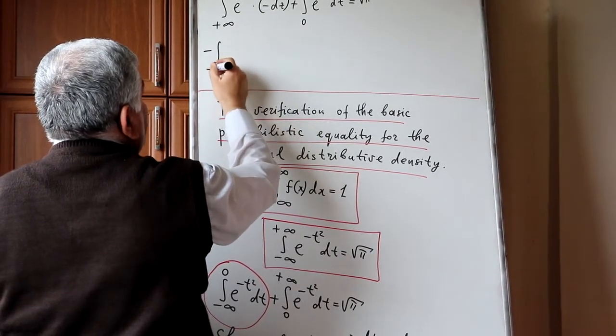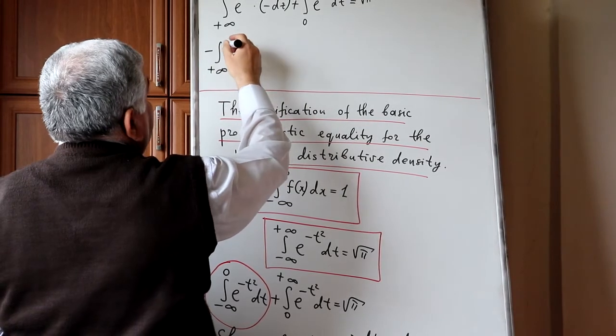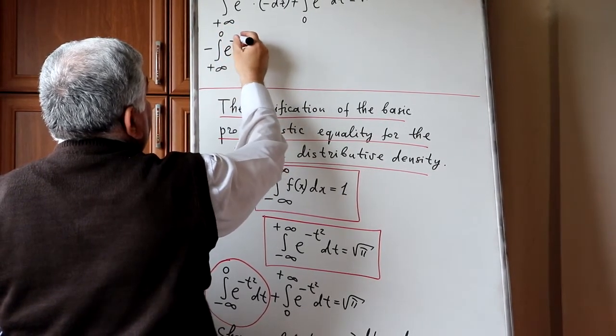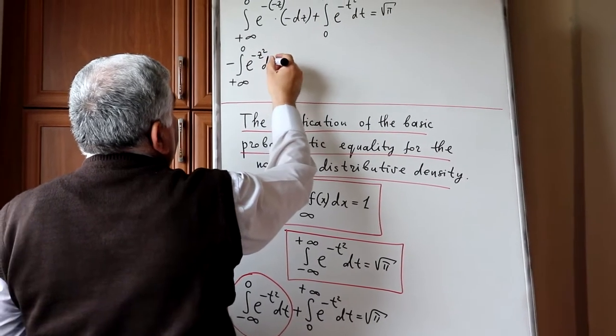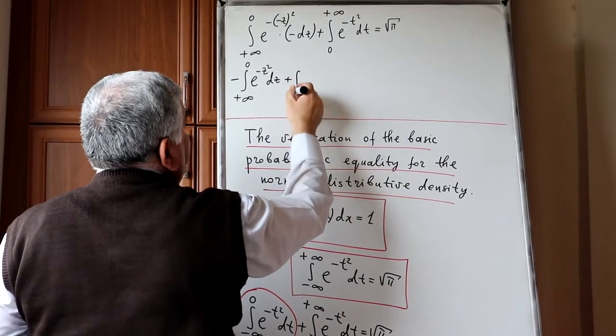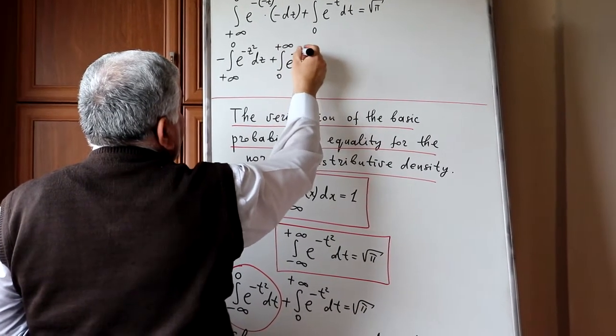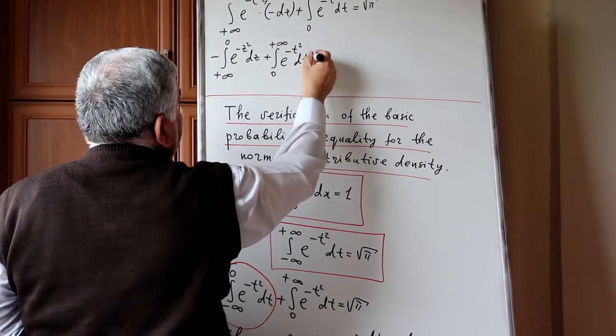Minus integral from plus infinity to 0 of e raised to minus z squared dz plus integral from 0 to plus infinity of e raised to minus t squared dt is square root of pi.